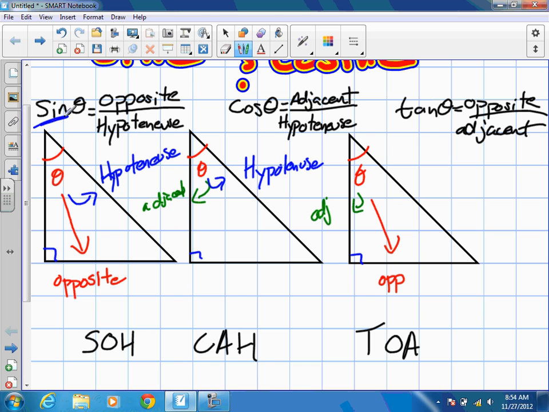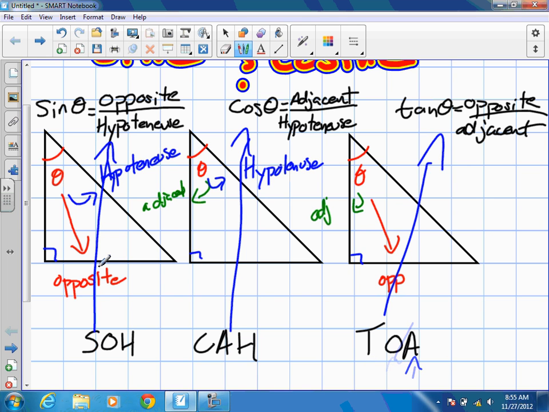So in this case, sine, S-O-H, is equal to the opposite over the hypotenuse. Ka is cosine, is equal to the adjacent side over the hypotenuse. And toa is equal to the opposite divided by the adjacent side. Okay? So they're all referring to these, but instead they're just using an acronym to represent it.